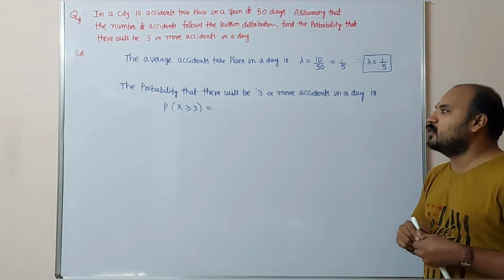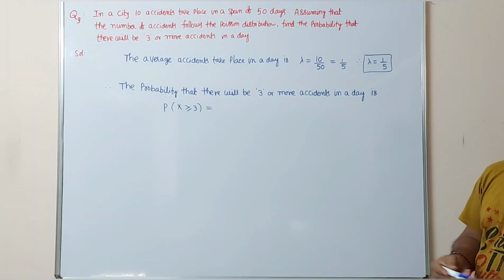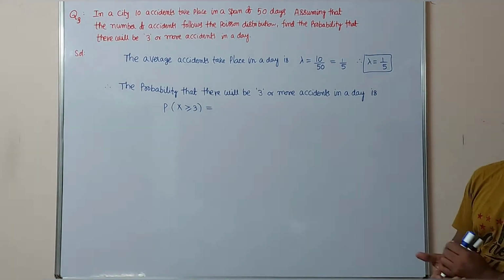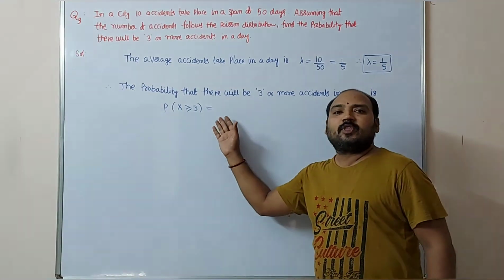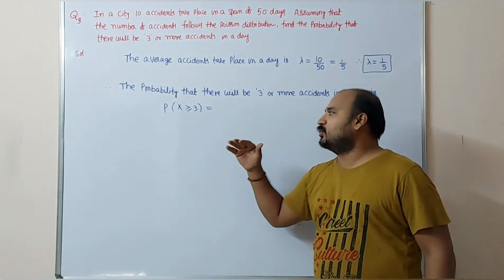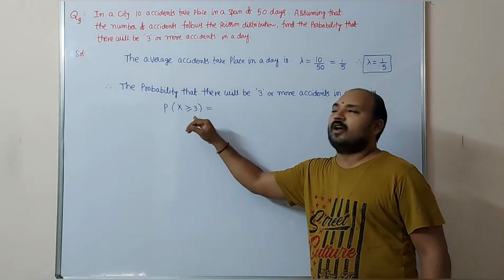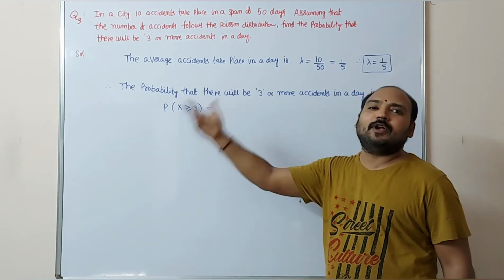So how to write P of x greater than or equal to 3? We don't know how many accidents are going to take place. So that's why x is equal to 3 to, generally we write it r, no? r is equal to 3 to infinity.